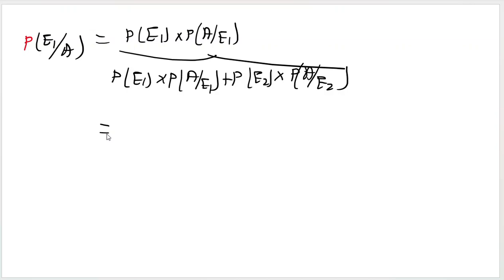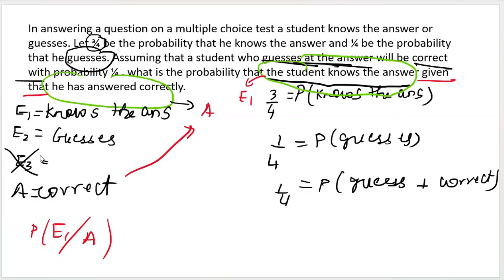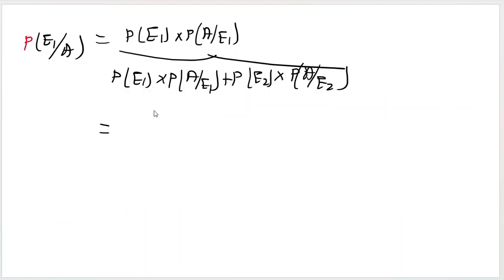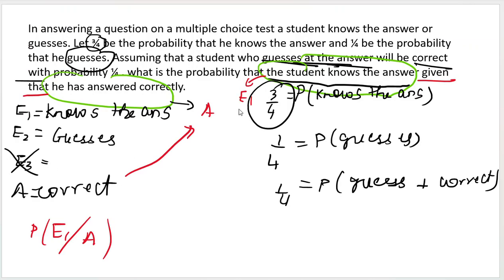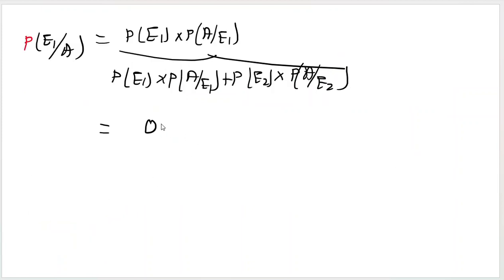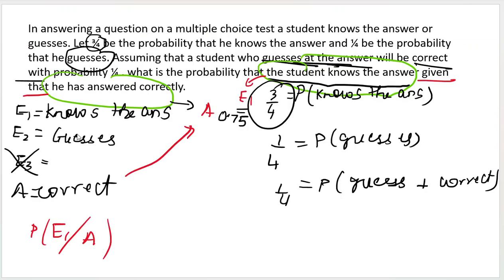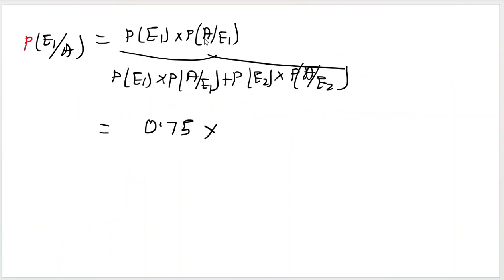Now E1 is that he knows the answer, and the probability that he knows the answer is 3 by 4, which in decimal is 0.75. So this is 0.75 into P of A by E1.